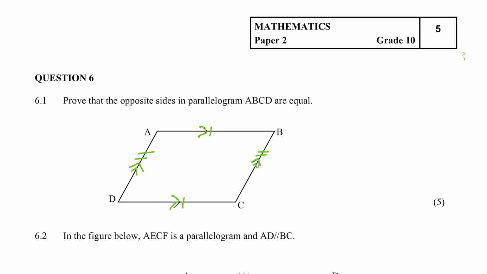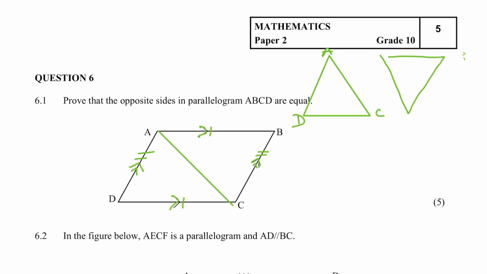Let's do that. How do you do this? The way one would do this is just split this into two triangles, meaning you're going to end up having a triangle, let's call it triangle ACD, and you have another triangle here, ACB.